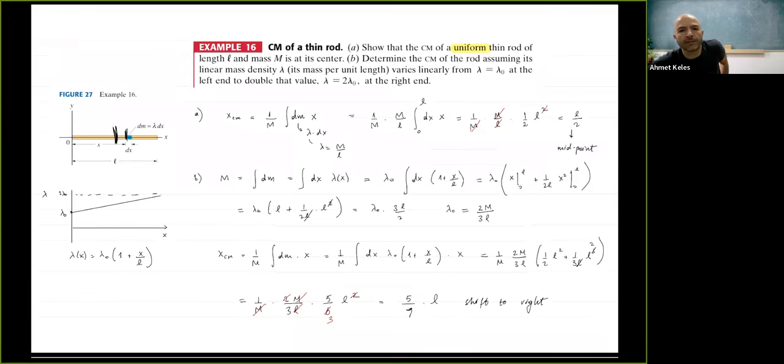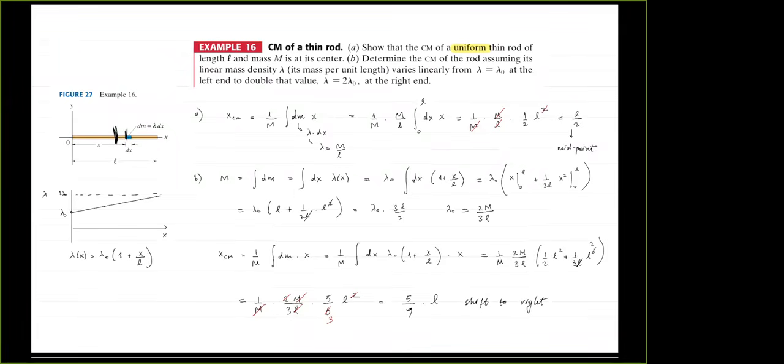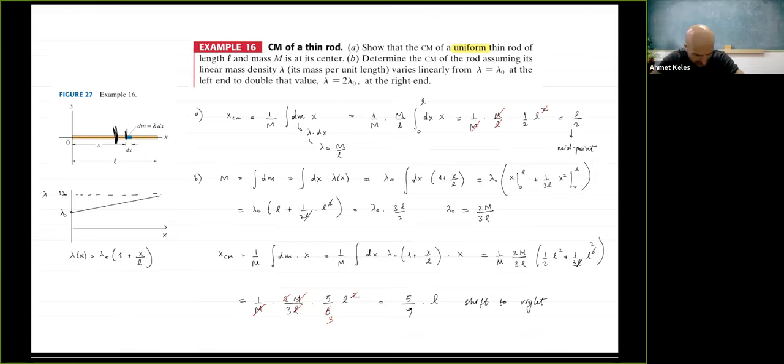Any questions for this exercise? In the A part, instead of dm, we wrote lambda times dx. Can you tell that part again? So, okay, dm is like this infinitesimal mass. And mass is by definition the density of mass, which is lambda, times length.